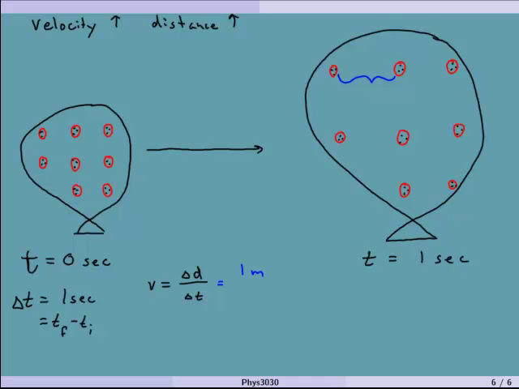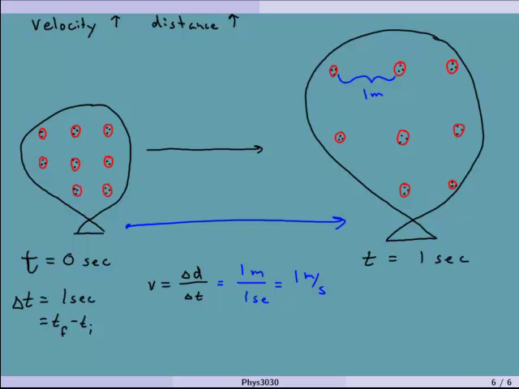Okay, so that distance is 1 meter, and that's 1 second. So between these two, from here to here, we get a velocity that is 1 meter per second. Okay, so that's pretty easy. So they've sort of moved apart further.